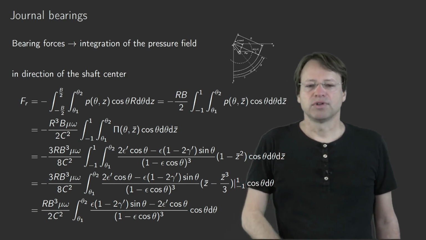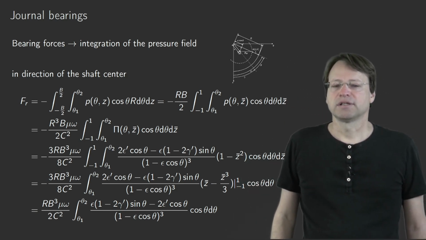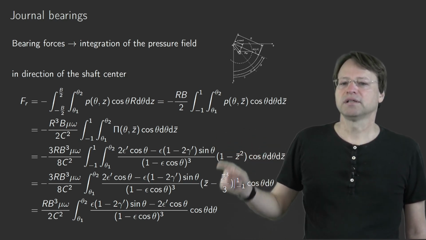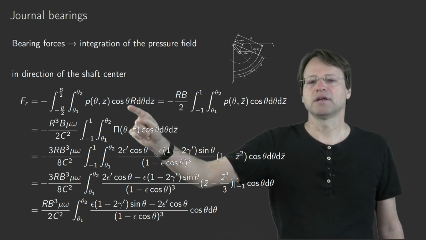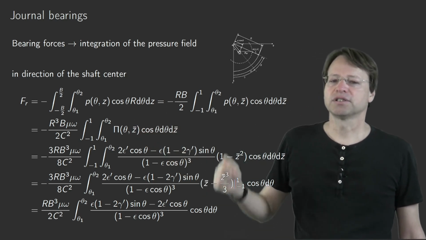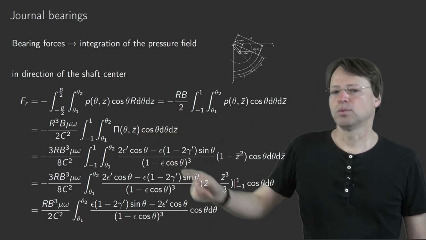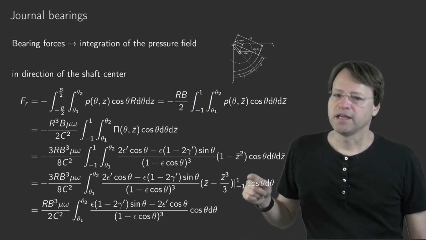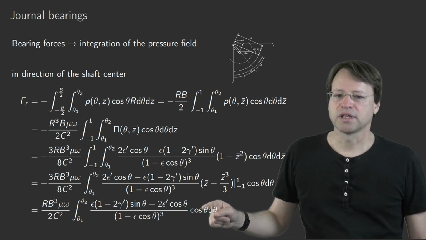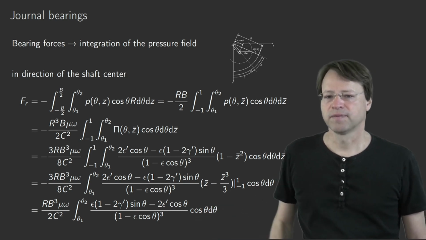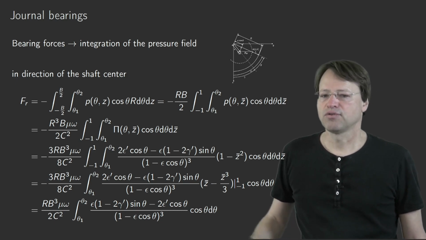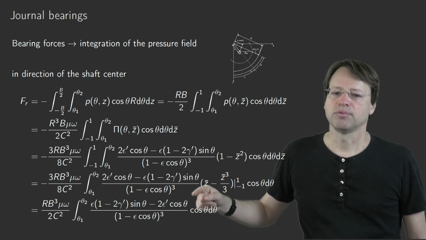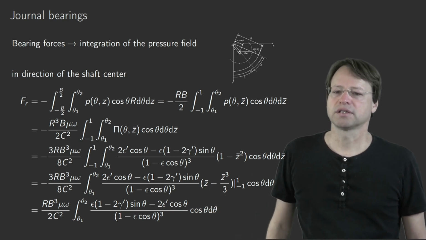How about the circumferential direction? Well, in circumferential direction, you can do the same reasoning. You have to change just one quantity at the very beginning, namely the cosine theta. The projection is now in sine theta direction, or with sine theta. Then all the computations are the same, except that at the very end, instead of cosine theta, you have to write sine theta here. If you look then at the integrals, you get one time sine squared, and again a mixed term, cosine theta and sine theta.